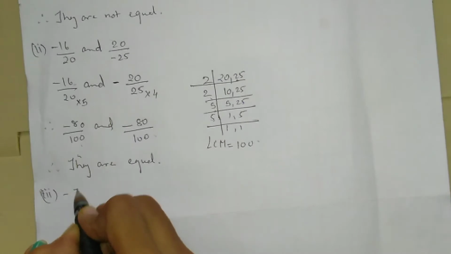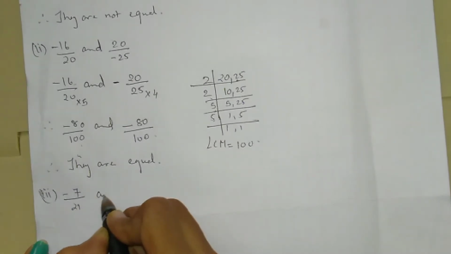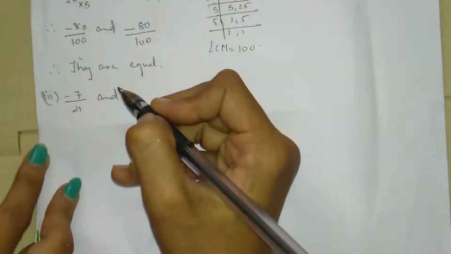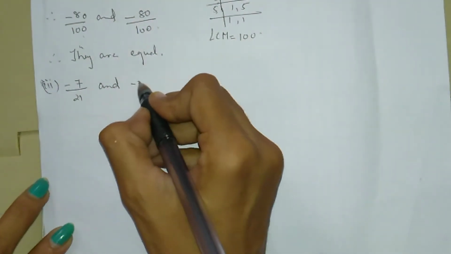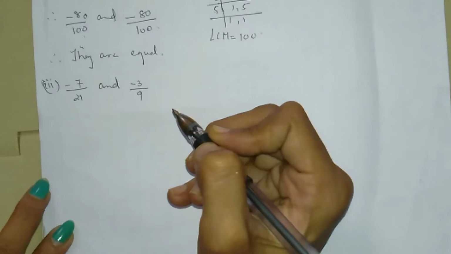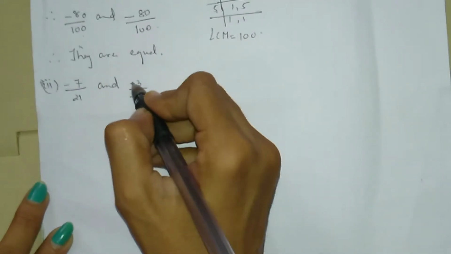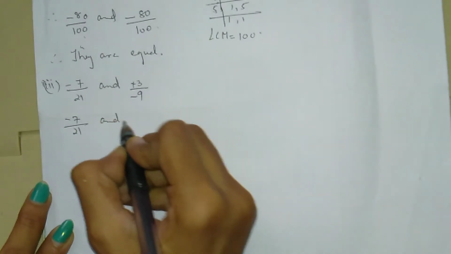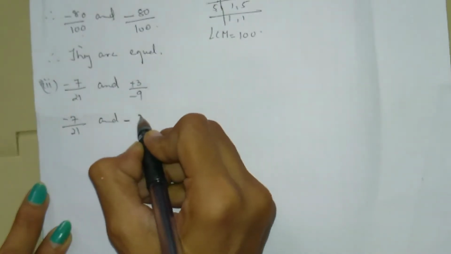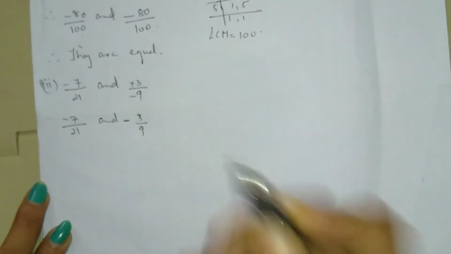Minus 7 by 21 and minus 3 by 9. So minus 7 upon 21, and in the middle I am writing minus 3 upon 9. The fractions remain the same.